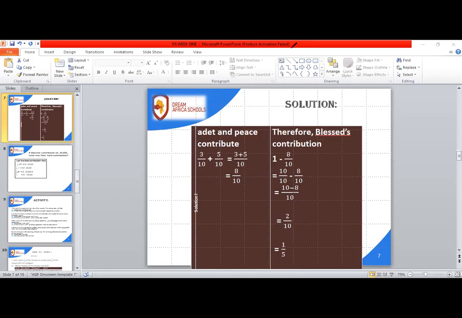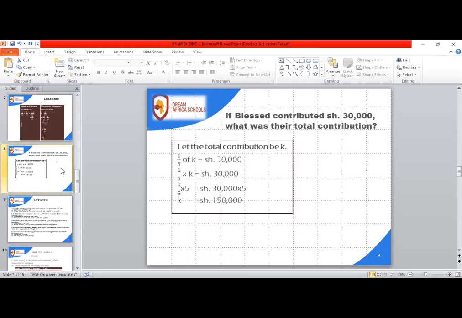Maybe something small that I need to let you people know. Assuming these fractions had different denominators, because I'm sure some of you may get a hard time while working out the activity. Assuming we had different fractions, for example, 2 out of 5 plus 1 out of 3.